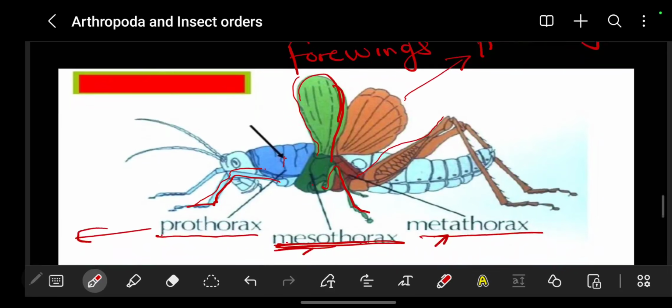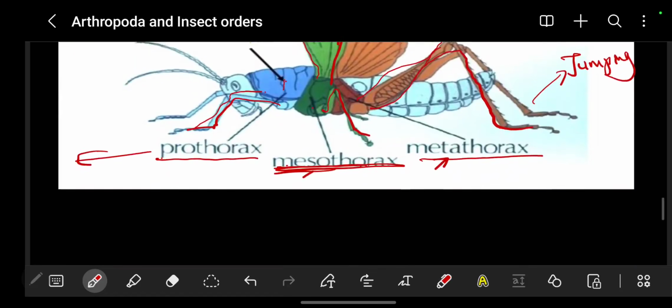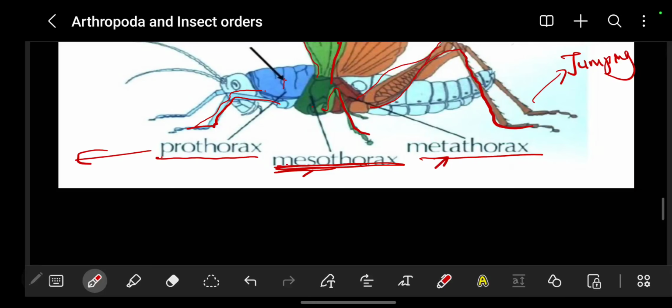Now, when you look at the hind legs, the back legs, these are used for leaping, so they will be able to jump. So in other words, they are used for jumping. So that is the main function. So this is how it is divided.